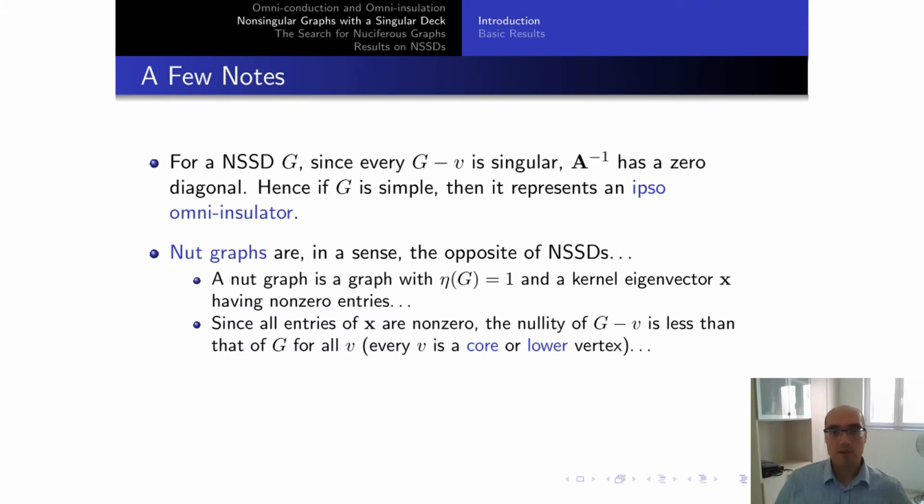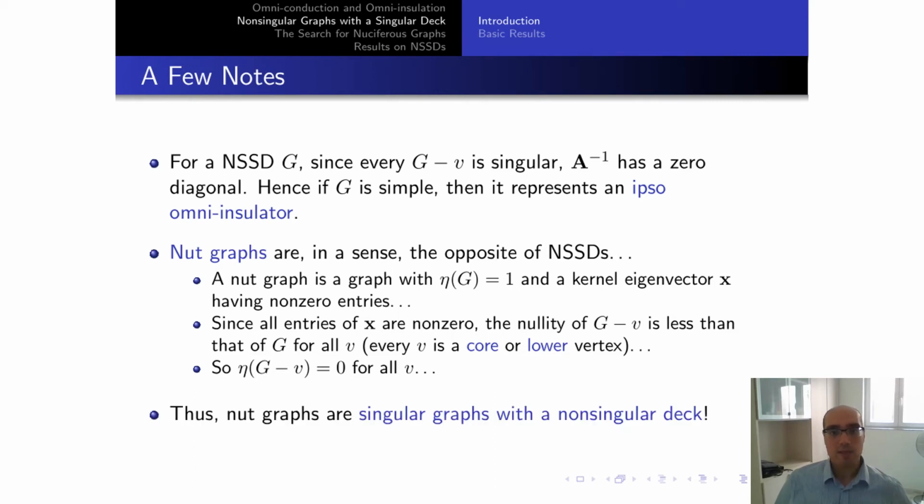Since all entries of x are non-zero, the nullity of the vertex deleted subgraphs of a NUT graph must all be less than that of G, because every vertex in a NUT graph is a core or lower vertex. So the nullity of every vertex deleted subgraph of a NUT graph is 0, which means that a NUT graph is a singular graph with a non-singular deck, exactly the opposite of an NSSD, which is a non-singular graph with a singular deck.